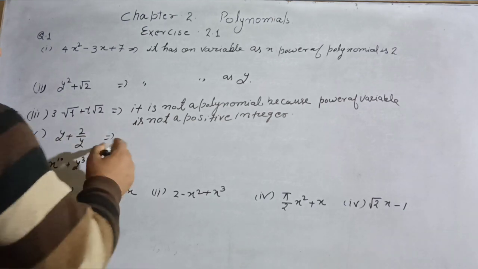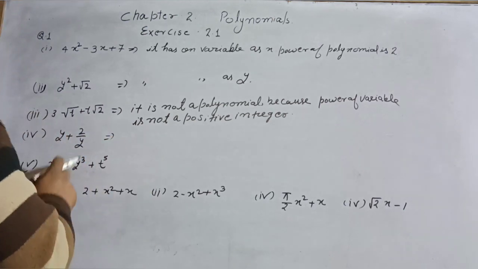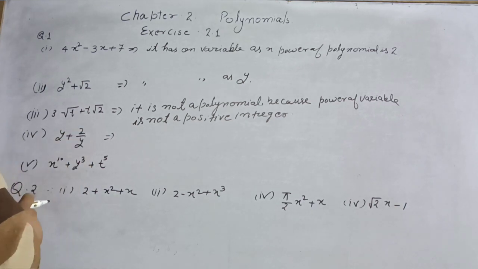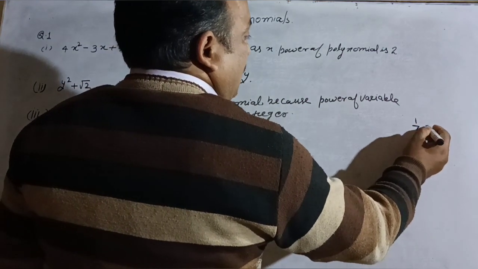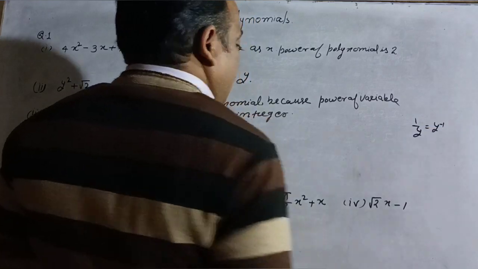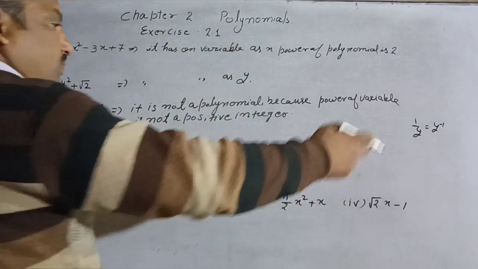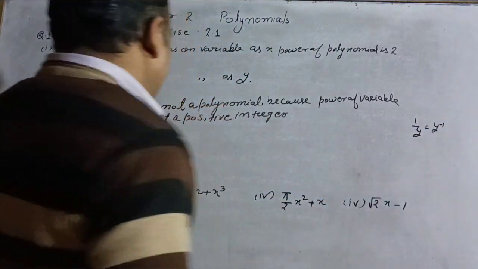It is not a polynomial because 1 upon y means y to the power minus 1, and minus 1 is not a positive integer.